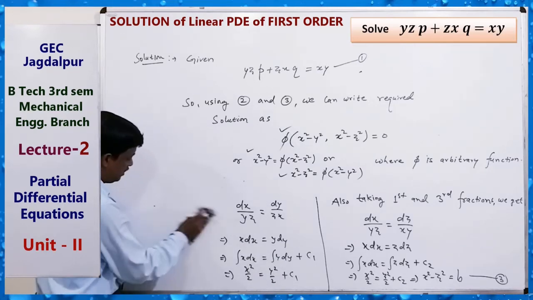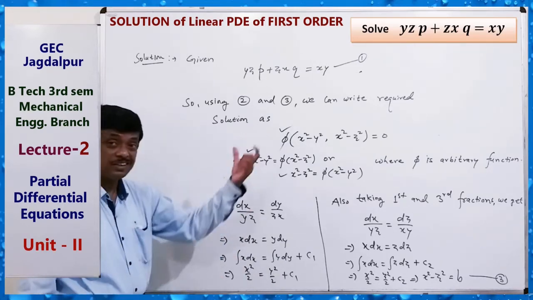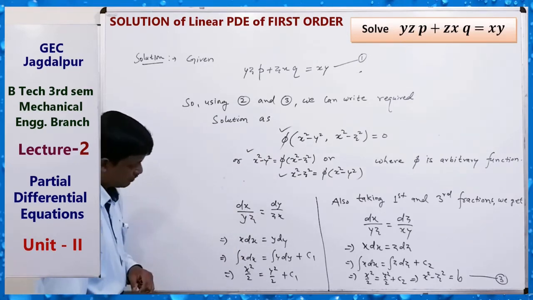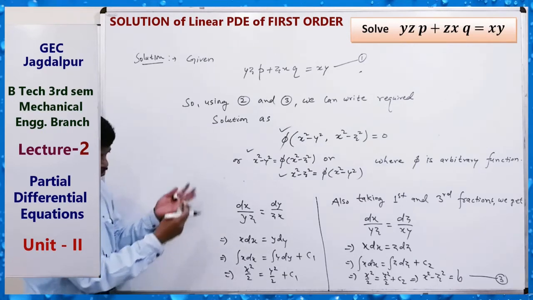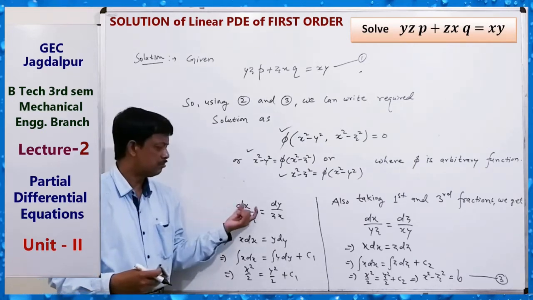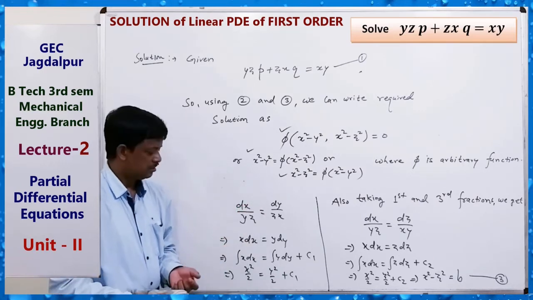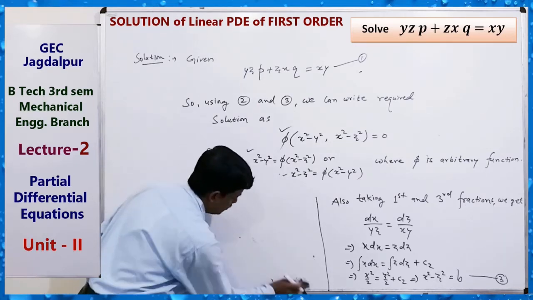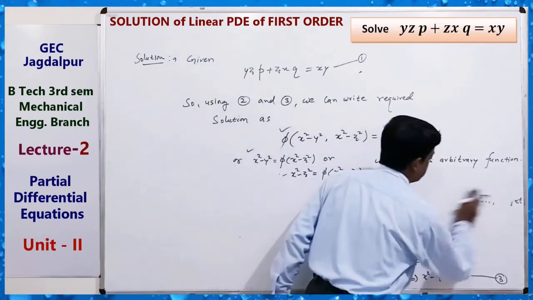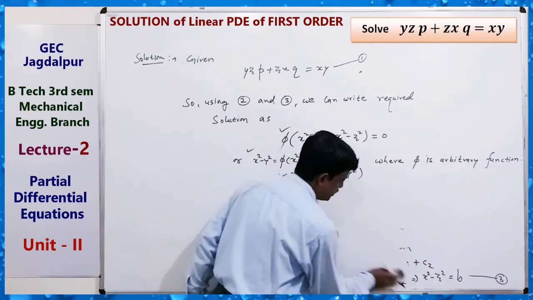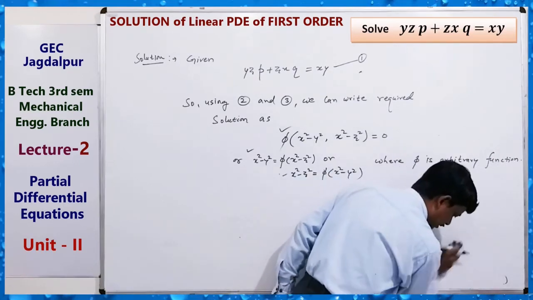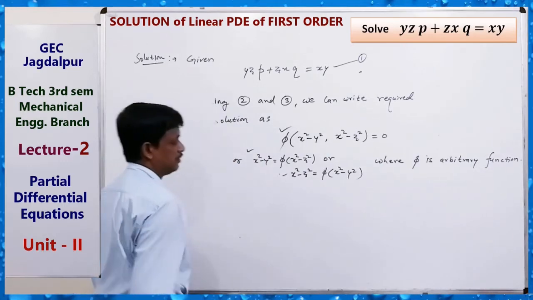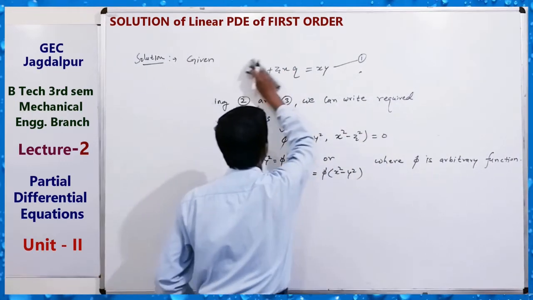So we have to find two integrals from the subsidiary equation, also called the auxiliary equation, by taking any two fractions, different types of fractions, and take fractions in such a way that the solution can be found easily.